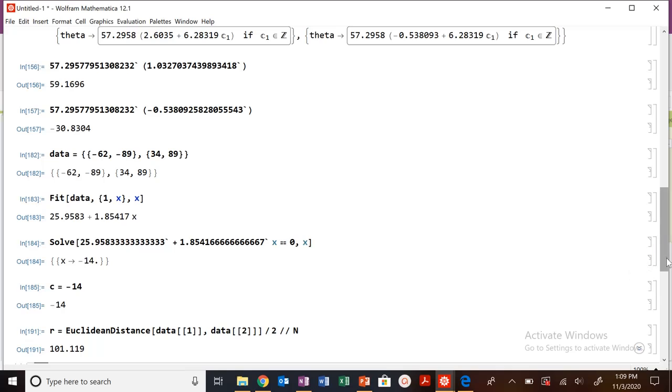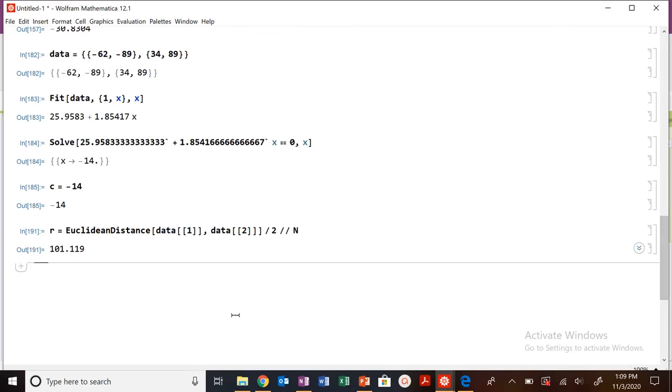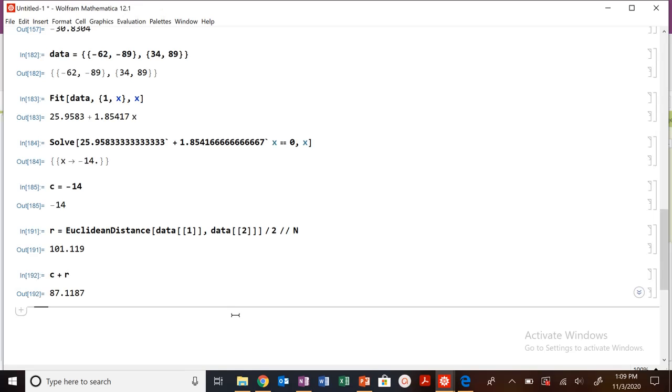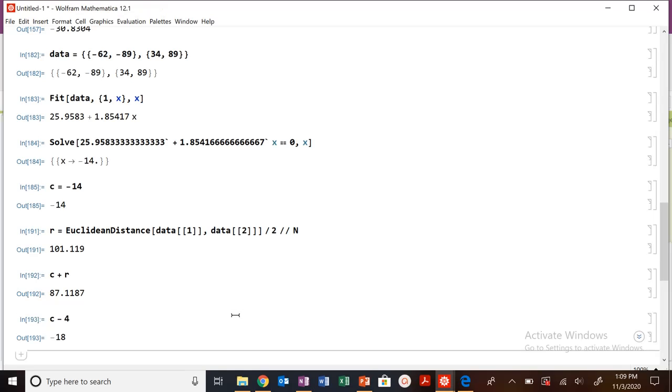So we know that if that's my center and that's my radius, my sigma 1 will be the center plus the radius, and then the center minus the radius will give sigma 2. So actually not minus 4, minus r.